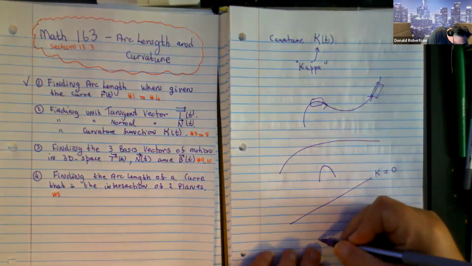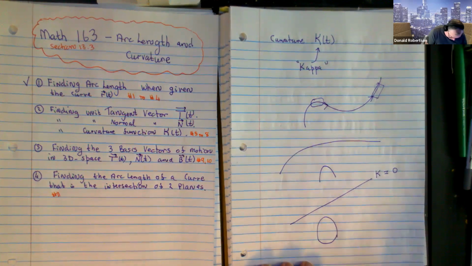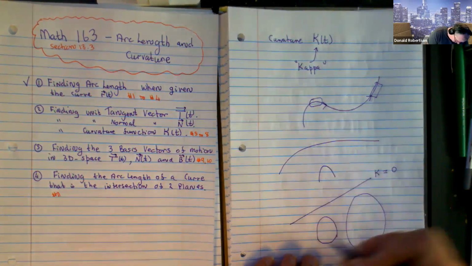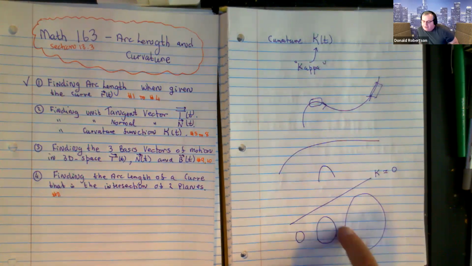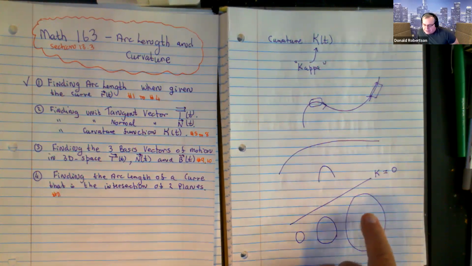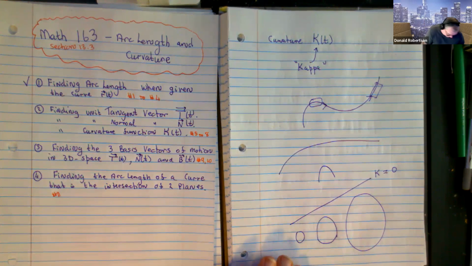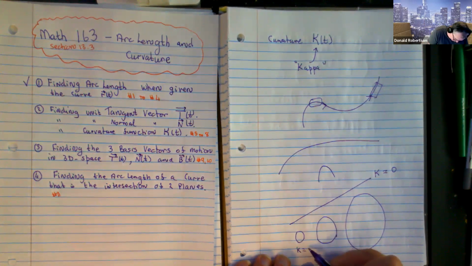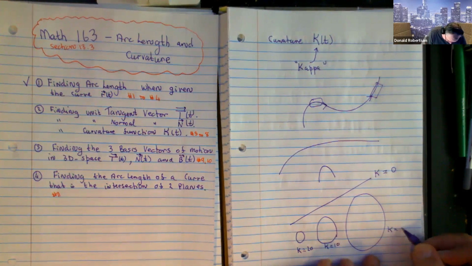Now, let's do circles. If you have a circle like this, and a circle like this, and a little circle like this, each one of these is curved, but bigger circles are less curved than circles with small radius, right? So this one might have a kappa of 20, this might have a kappa of 10, and this might have a kappa of 5.